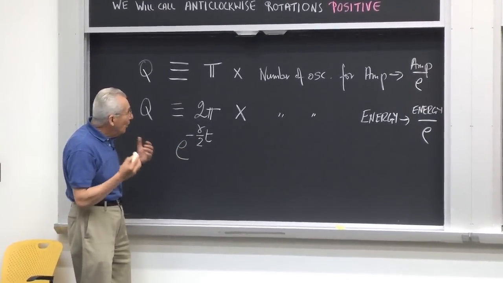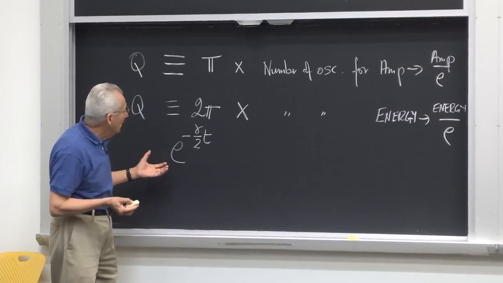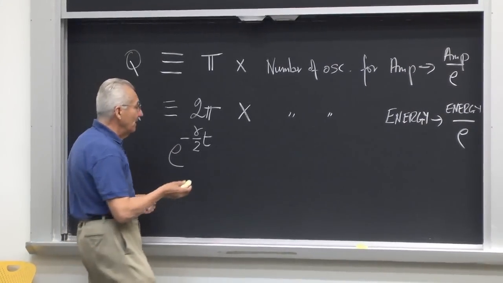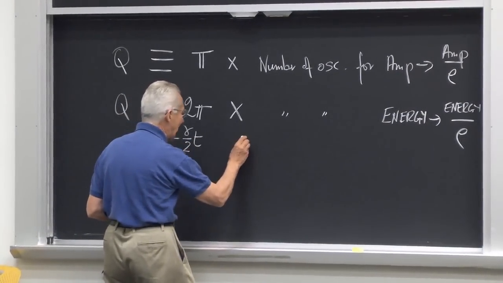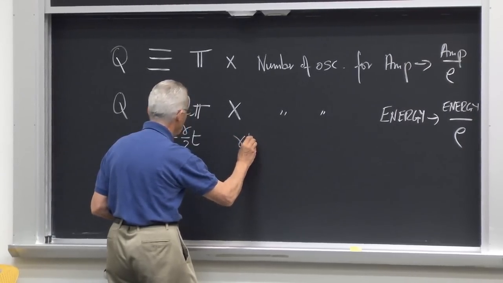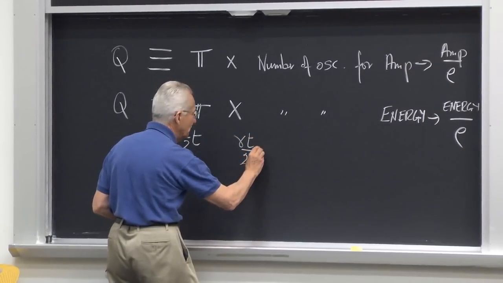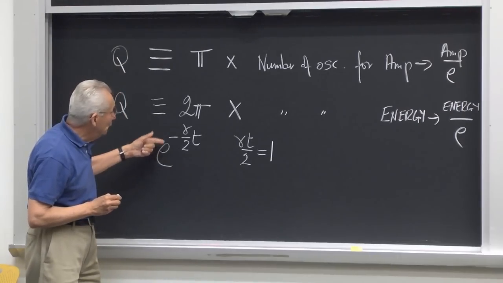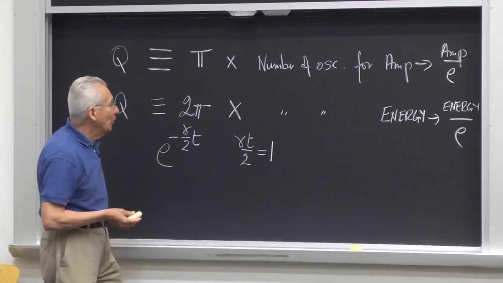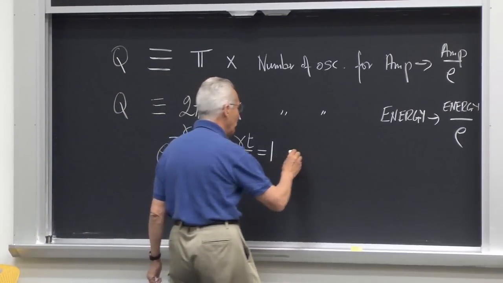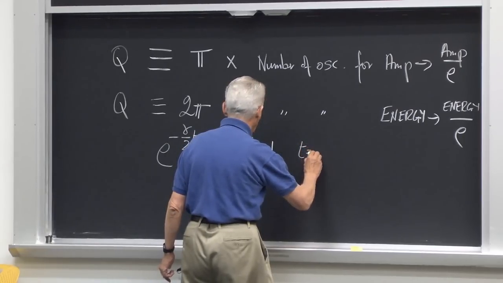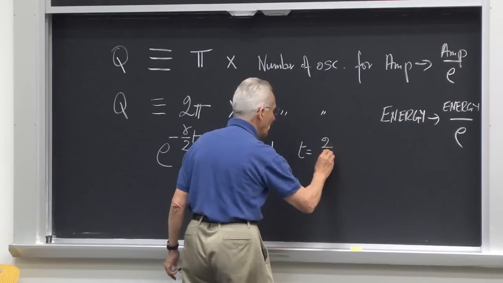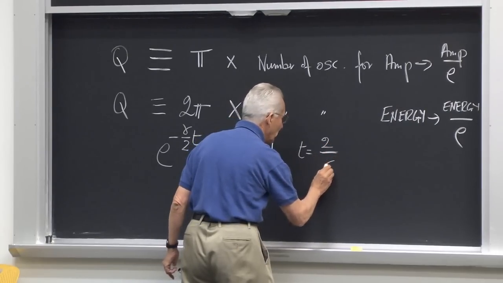So, in what time will the amplitude drop by 1 over e? That time will be when gamma t over 2 is equal to 1, so you get e to the minus 1. So it will be in a time t equal to 2 over gamma.